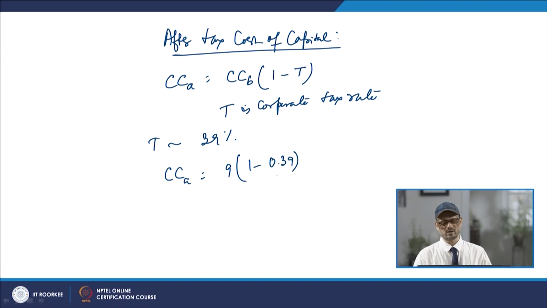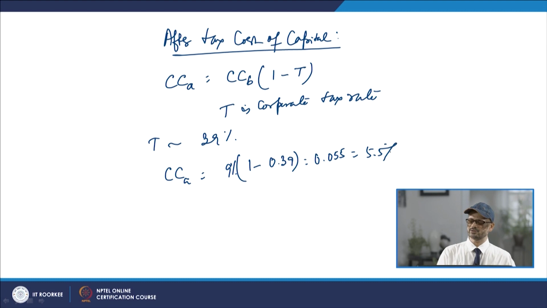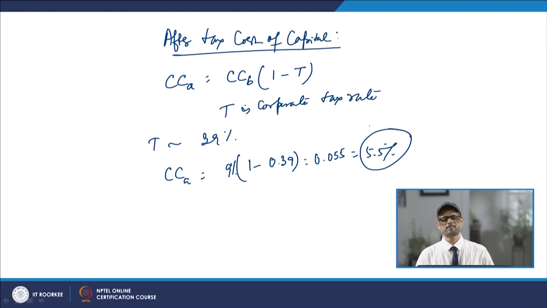So, that way it will be 0.61 into 9, so it will be 0.055. So, that will be 5.5%. So, that way you can calculate the after tax cost of capital also. So, this is about that.